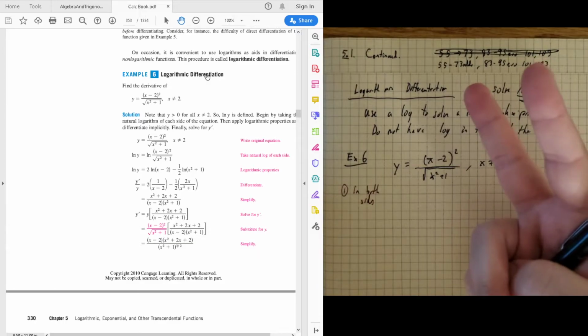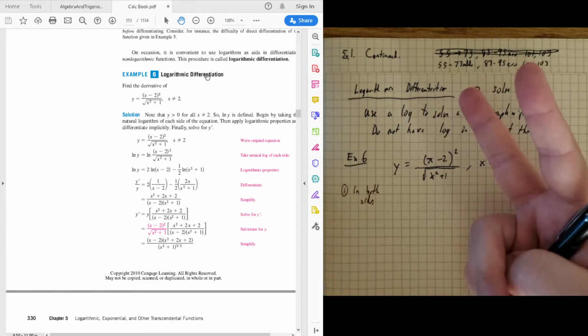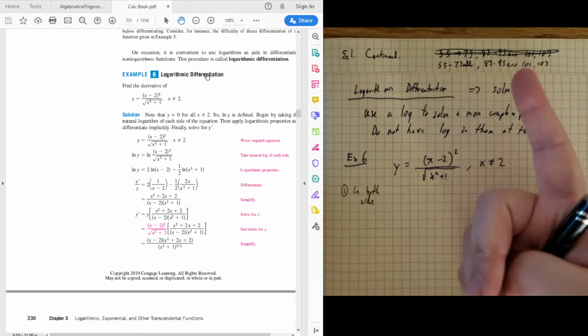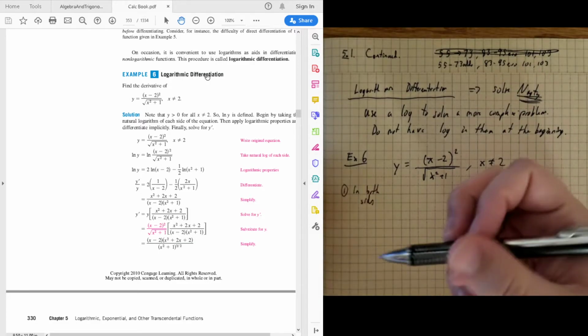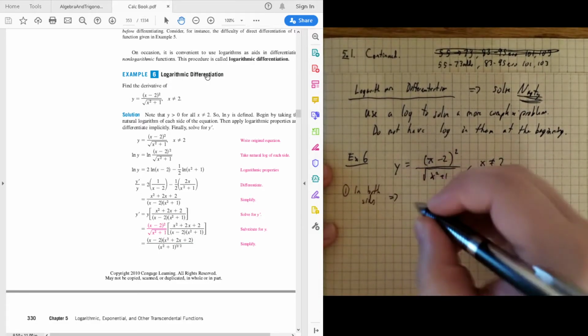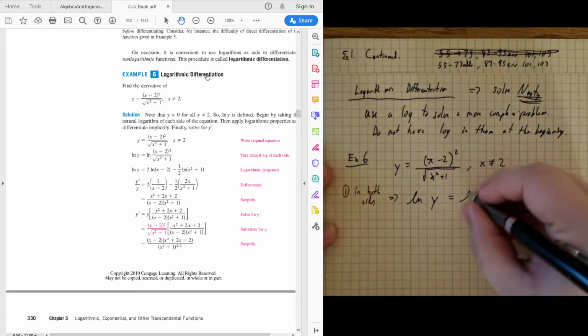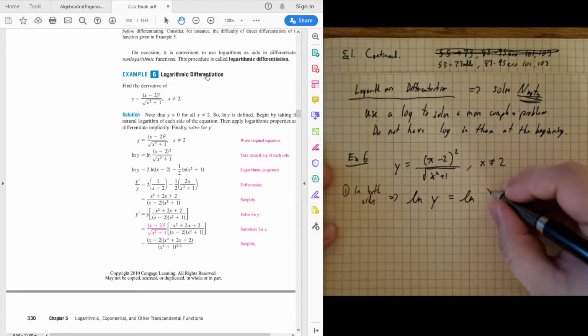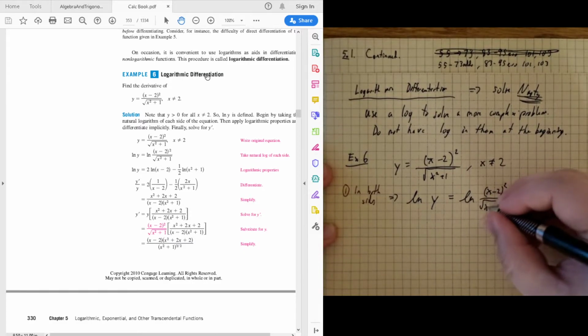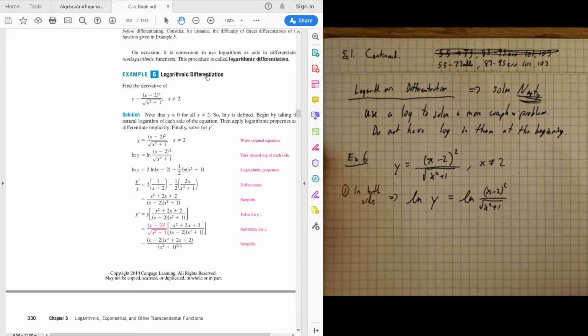You can do trig functions as long as you do it to both sides, and you can do logarithms to both sides, meaning I can rewrite this function as ln of y equals ln of x minus 2 squared over the square root of x squared plus 1. This is algebraically allowed as long as I do it to both sides completely. So ln of y equals ln of this.